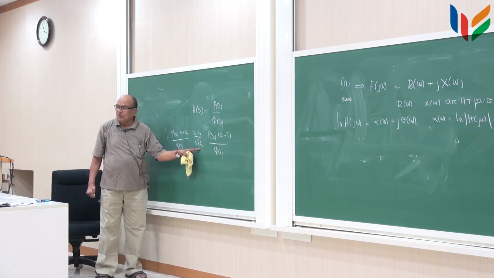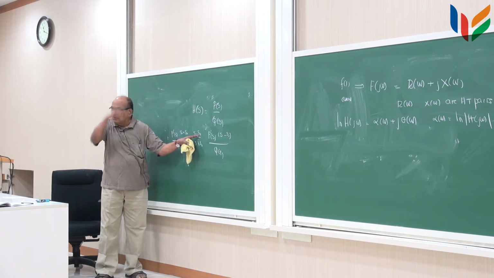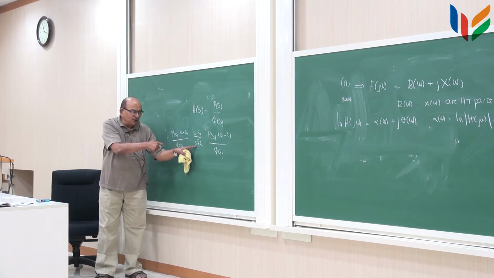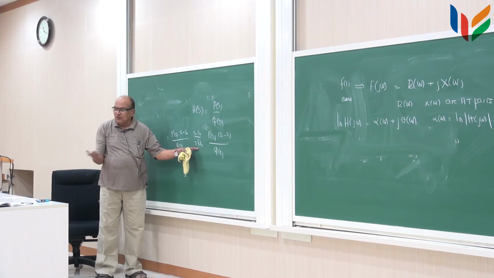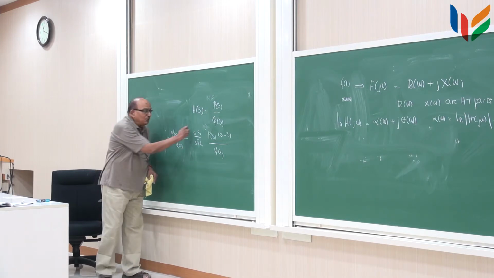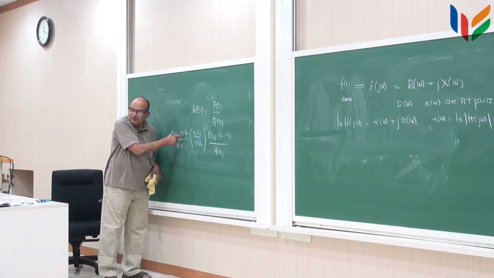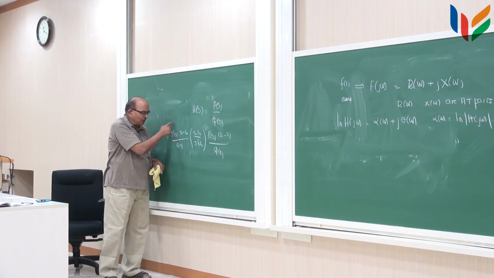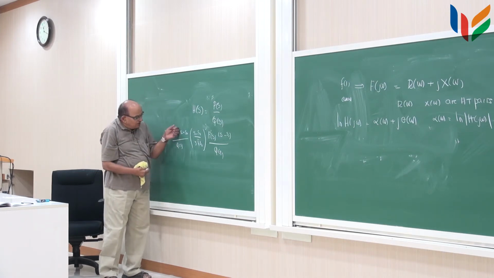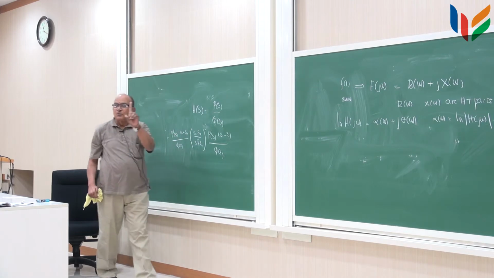Where is this pole? s equal to s naught was a zero, so s naught is in the right half plane. The pole is at minus s naught, which will be in the left half plane. Left half plane is allowed. So this now has a zero in the left half plane. The zero in the right half plane is converted to a zero in the left half plane as far as this is concerned. That zero is pulled out as a pole here, multiplied by the original zero here, and this function's magnitude is equal to 1.